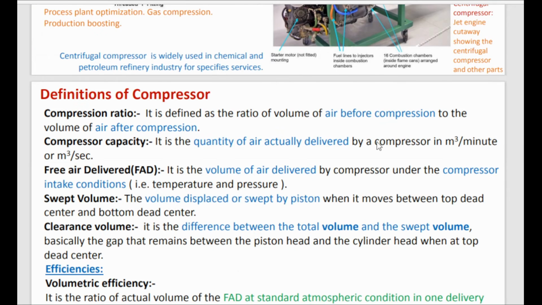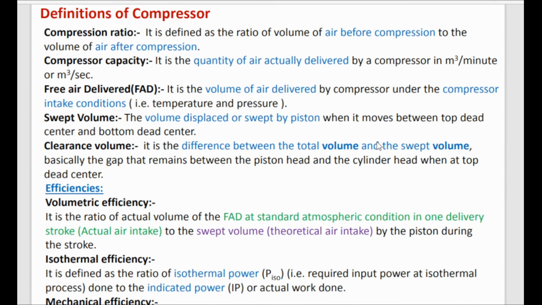Now there are some definitions for compressor. Compression ratio is defined as the ratio of volume of air before compression to the volume of air after compression, and obviously this compression ratio will be more than 1, since the air before compression will have a higher volume. Then compressor capacity, which is expressed in meter cube per minute or meter cube per second, is the quantity of air actually delivered by the compressor.